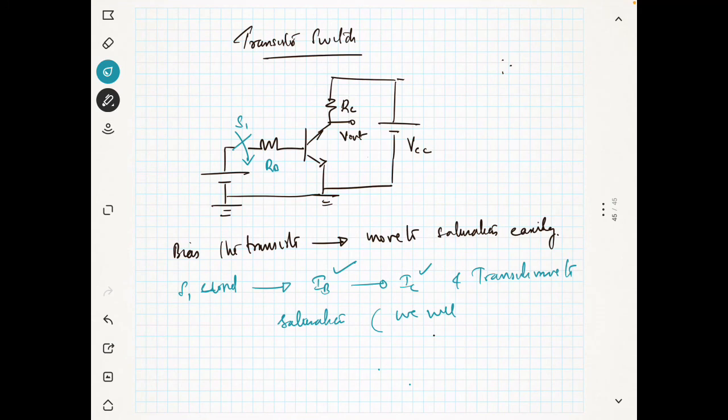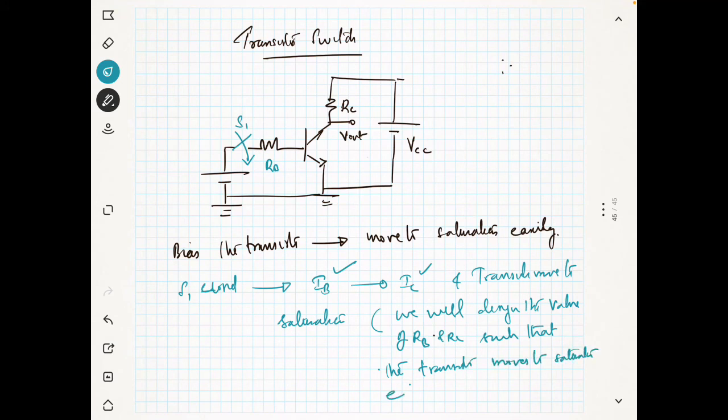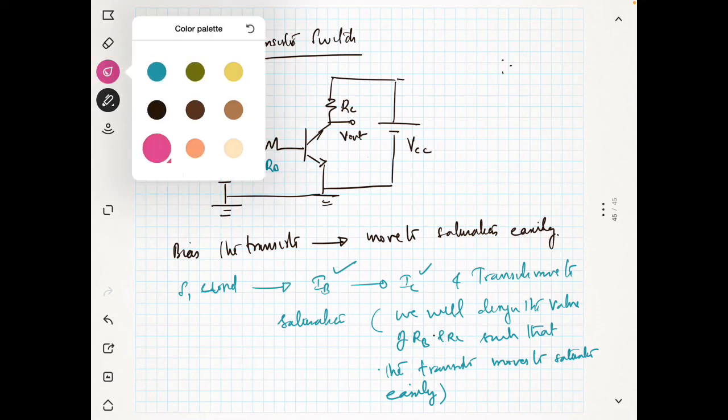We will design the values of RB and RC such that the transistor moves to saturation easily, like the problem that we have discussed before. In that problem, you have seen that the transistor easily moves to saturation. So when the switch is closed, the transistor will move to saturation.